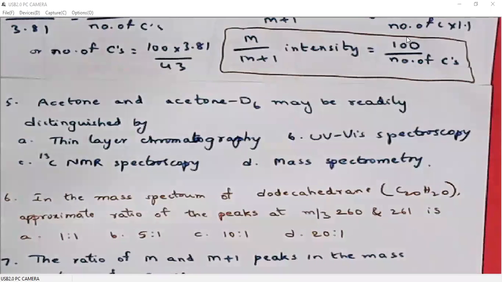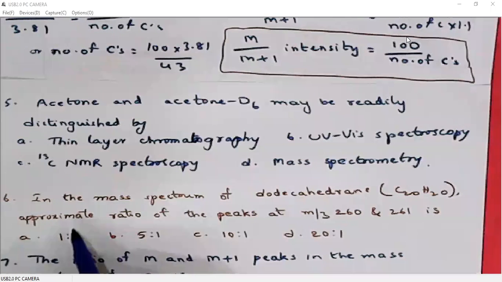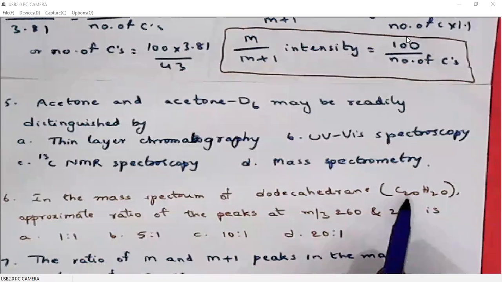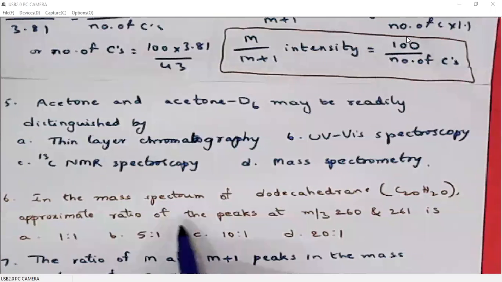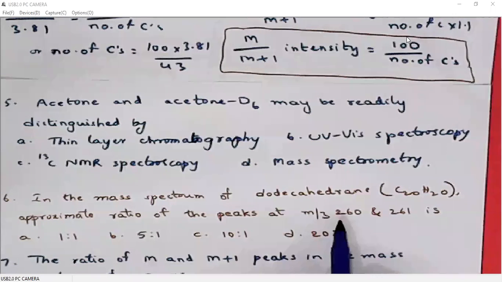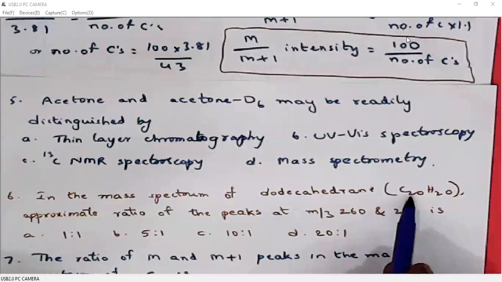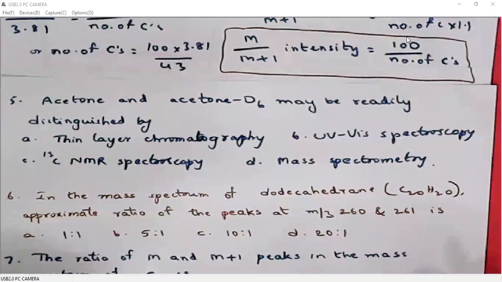Now look at this problem. In the mass spectrum of dodecahedrane, C20H20, the approximate ratio of the peaks at m/z 260 and 261 is what? What is 260?